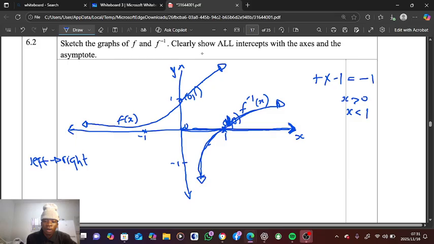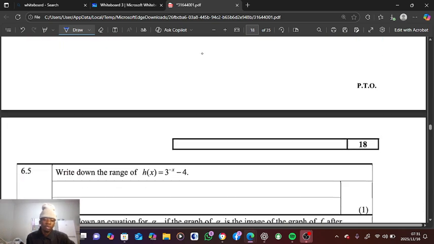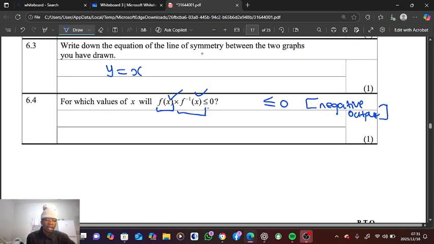We notice that our graph of f is on the positive y values, and also our graph of the inverse is on the positive y values. Positive multiplied by positive is going to give us a positive number, so it won't apply. So we can conclude by saying x is greater than 0 and x must be less than 1.